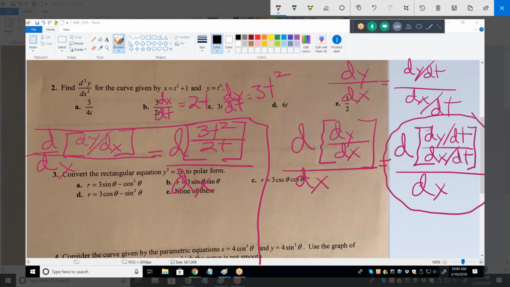With me? Okay, now I'm going to simplify that. So now I'm going to take the derivative of 3/2 t with respect to x.